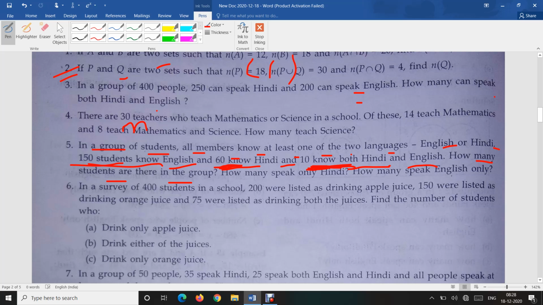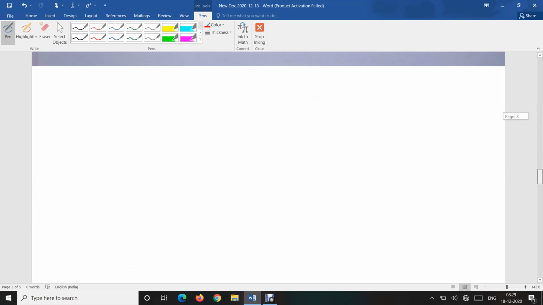First of all you have to find n of E union H. Then, how many speak only Hindi, and how many speak only English? You have to just find out the only portion. So see how we will do this question.